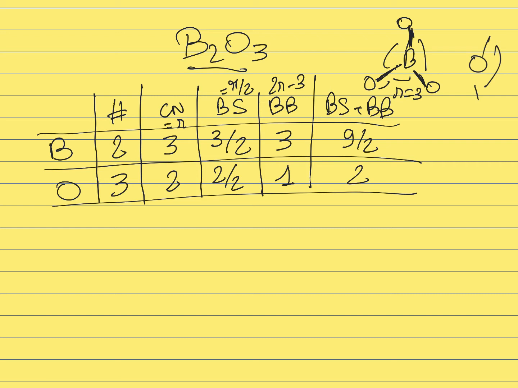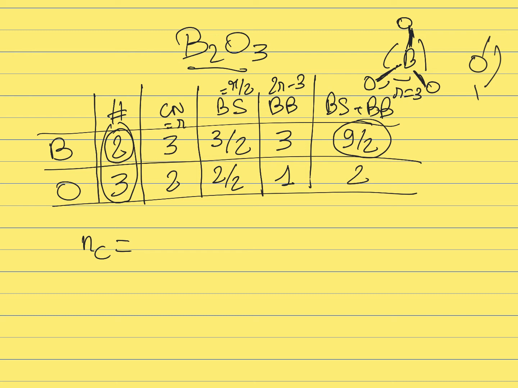And now the last step is, once you have this, if you want to calculate the number of constraints per atom, all you have to do is take the number of constraints created by each element times the number of these elements, divided by the total number of elements that you have.